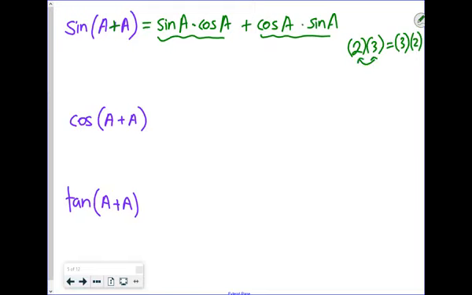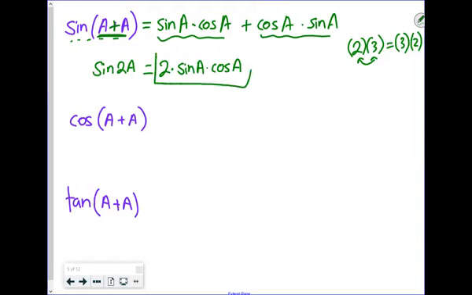So I've got 2 lots of sine of A times cos of A. And look at what this simplifies to. This is what we call a double angle identity. You're going to see this tomorrow and know that if you see this, it's equal to this.